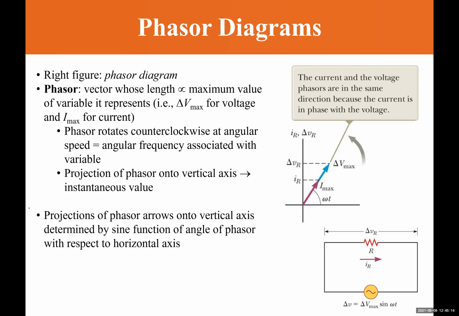But a phasor is a vector whose length is proportional to the maximum value of the variable it represents. The phasors represent voltage and current. So you can write delta V max for voltage and I max for current. That means we have two phasors, two vectors. One is a voltage, another one is a current.